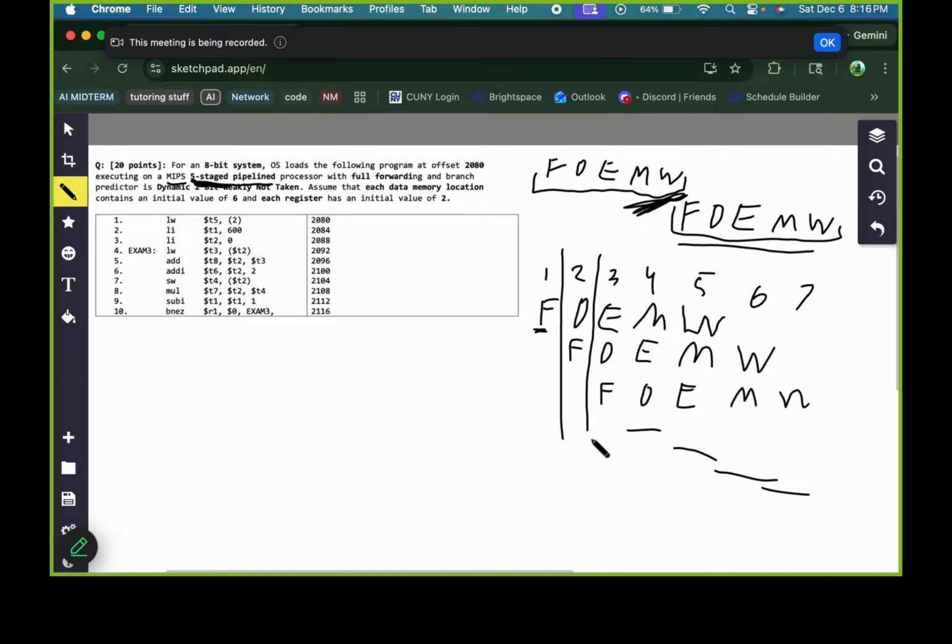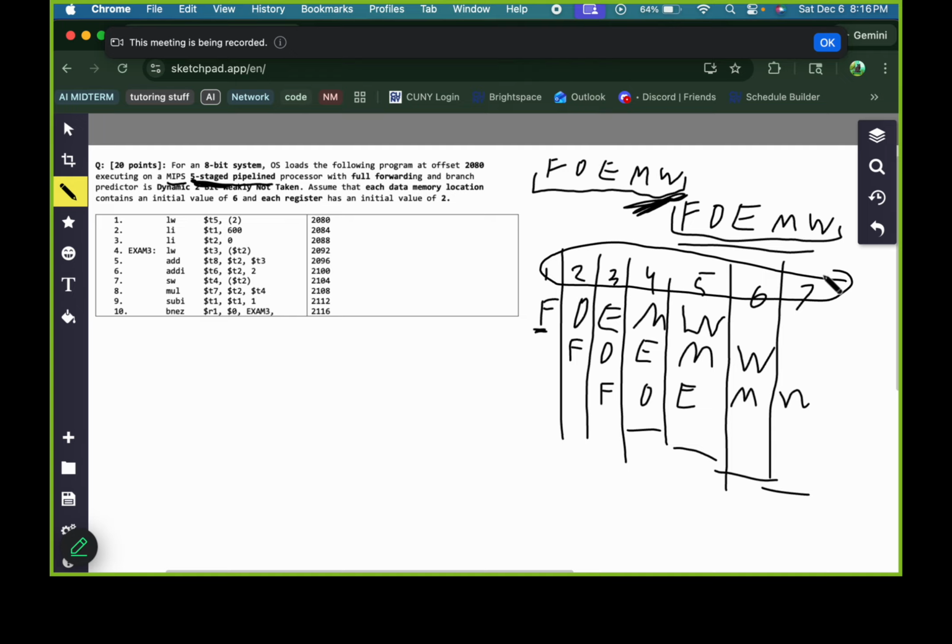Each of these is considered a cycle, right? And when we want to find the CPI, which we'll find later on, that's the clock cycles per instruction, we will divide the number of these cycles by the total number of instructions. In this case, this would be 7 divided by 3.